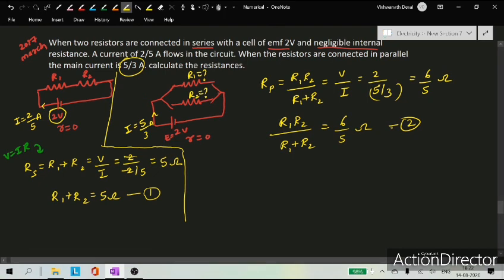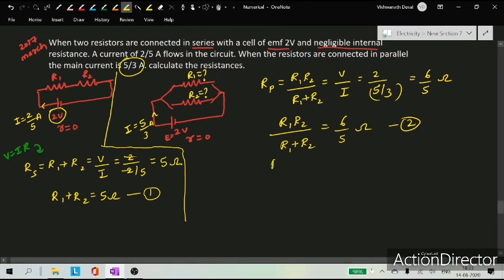Now my aim is to calculate R1 minus R2, since we already have R1 plus R2. If I get R1 minus R2, that becomes a very simple, linear kind of equation, and those equations can be easily simplified.